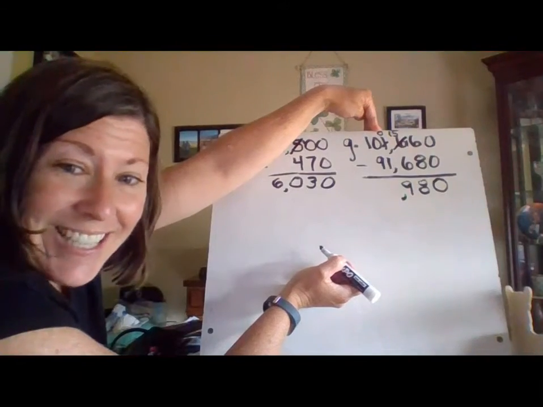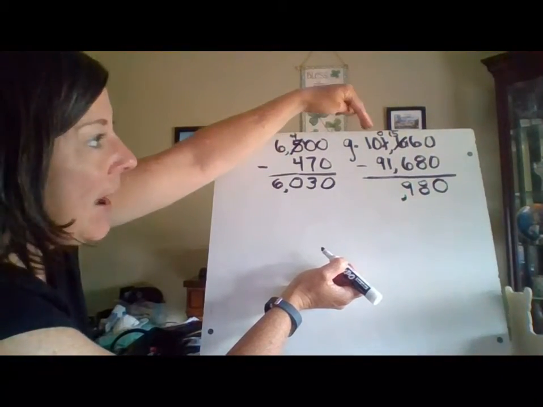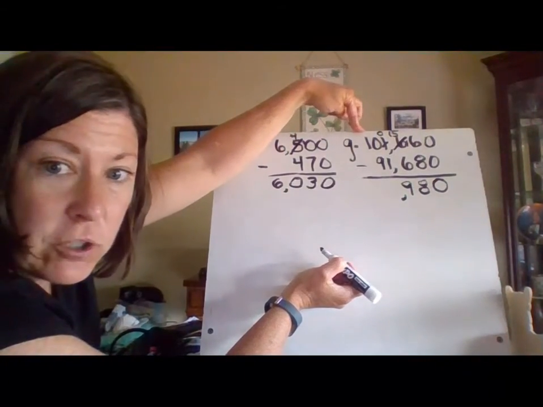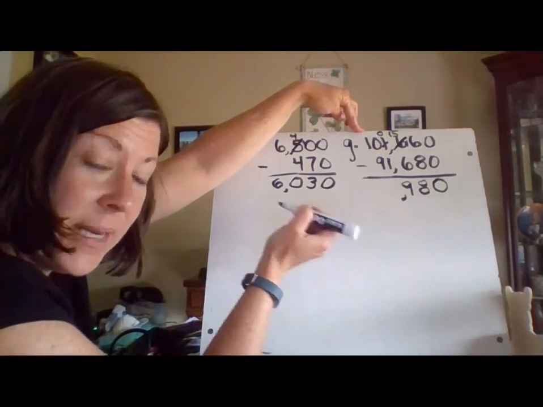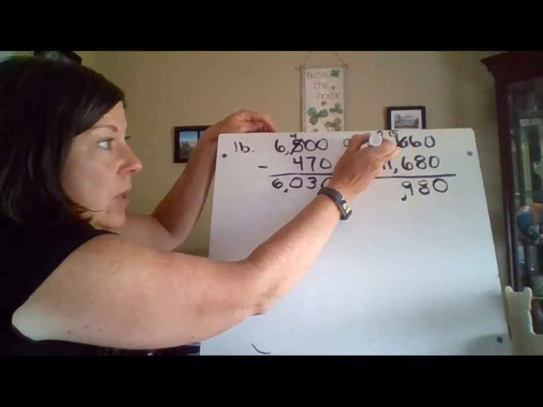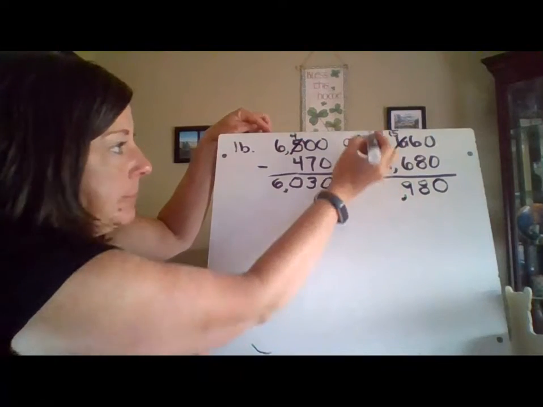Again, 0 minus 1. Can't do it. I cannot borrow from this 0. I have to jump over to the hundred thousands place. This is where a common error is often made. The 1 becomes a 0.